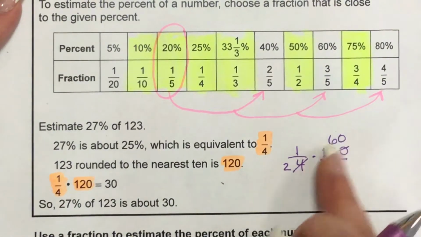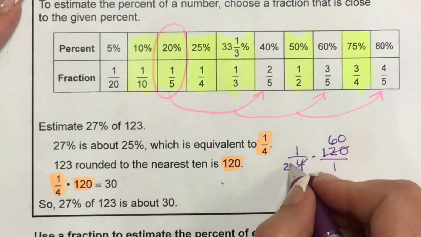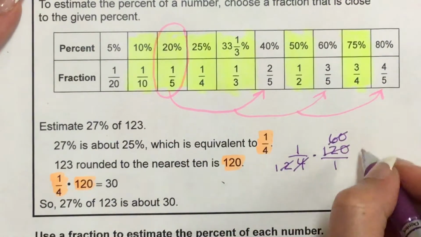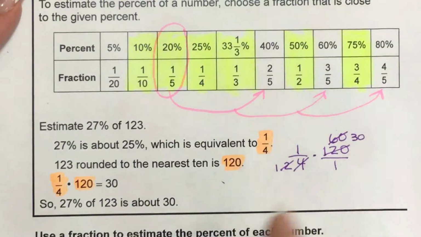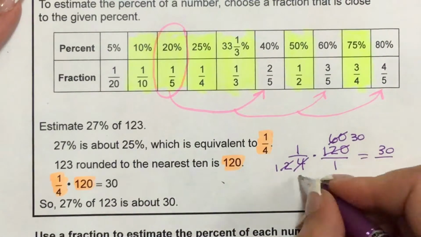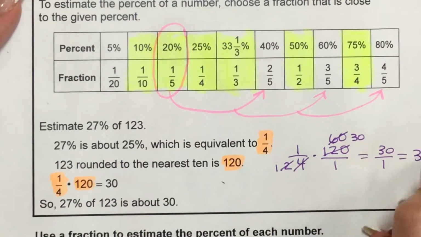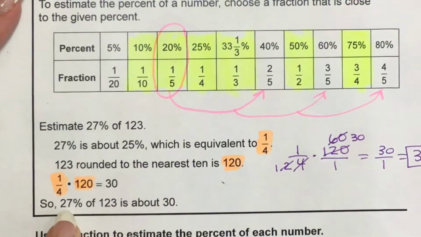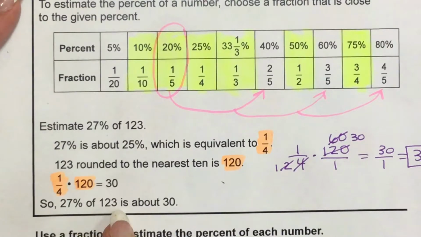Then is there a common factor between 2 and 60? Yeah, 2 goes into 2 1 time. 2 goes into 60 30 times. Then I multiply across. 1 times 30 is 30. 1 times 1 is 1, and I get 30. So 1/4 times 120 is equal to 30. So what we can say is 27% of 123 is about 30.